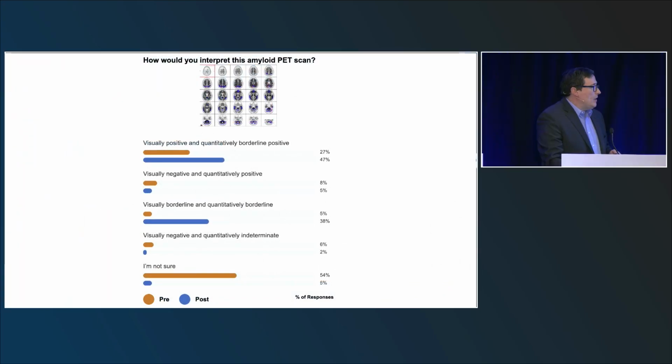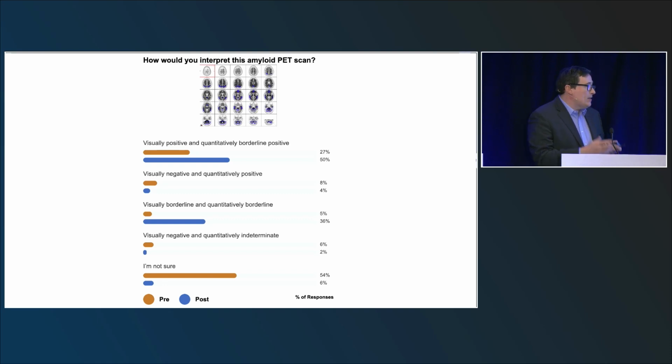Yeah, I think this is one that is challenging, and it depends a little on what you think. I think the best answer of these is visually positive and quantitatively borderline positive. I also think it would be reasonable to say just quantitatively positive. It is not, I think, visually negative, and so that eliminates choices 2 and 3. Yep, that's right.